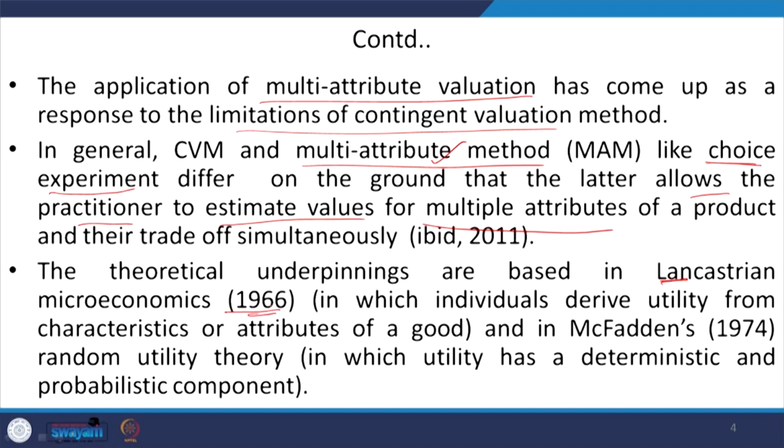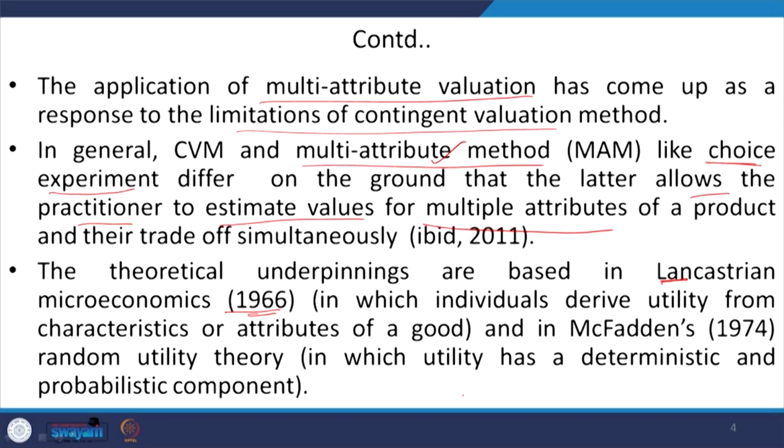There he talked about how individuals derive utility from the very characteristics, variables, or attributes of that particular good under discussion. That means individuals are not deriving utility from the particular good in question; rather, individuals are deriving utility because of the attributes associated with the good. And at that point of time it was considered a new theory in demand.